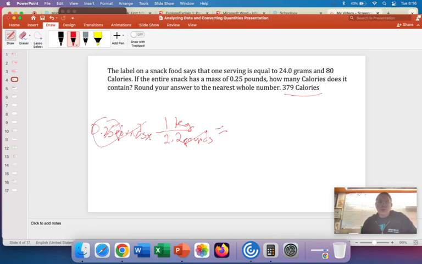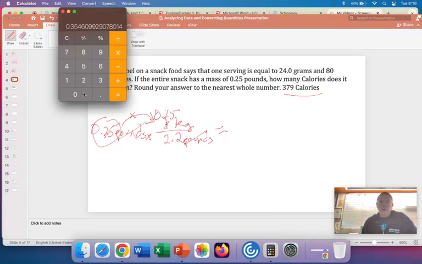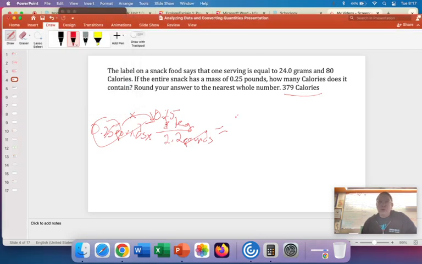After I multiply by 1, I get the same number, 0.25 kilograms divided by 2.2, which is 0.114 kilograms.